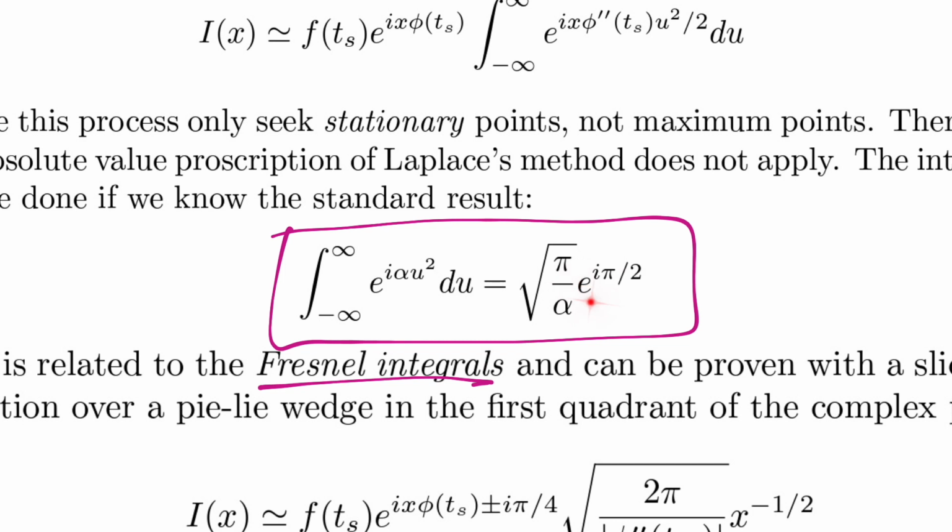But you end up with this e to the I pi over 2. And actually, that's not right. It's e to the I pi over 4. E to the I pi over 4, that's kind of an interesting number, right?